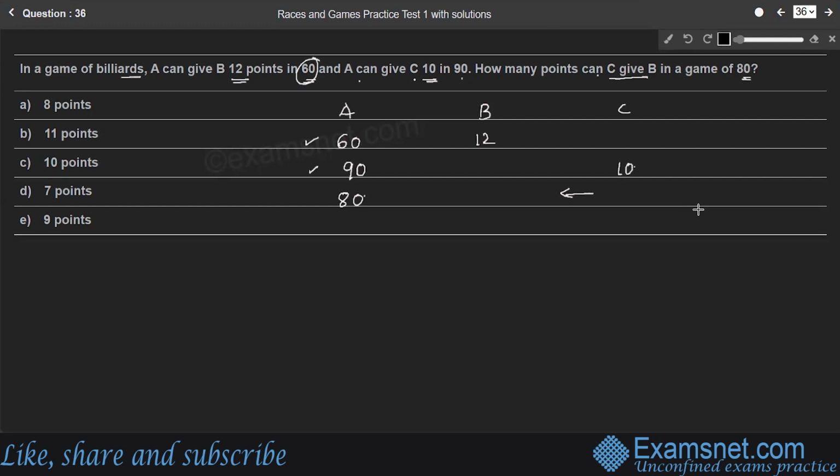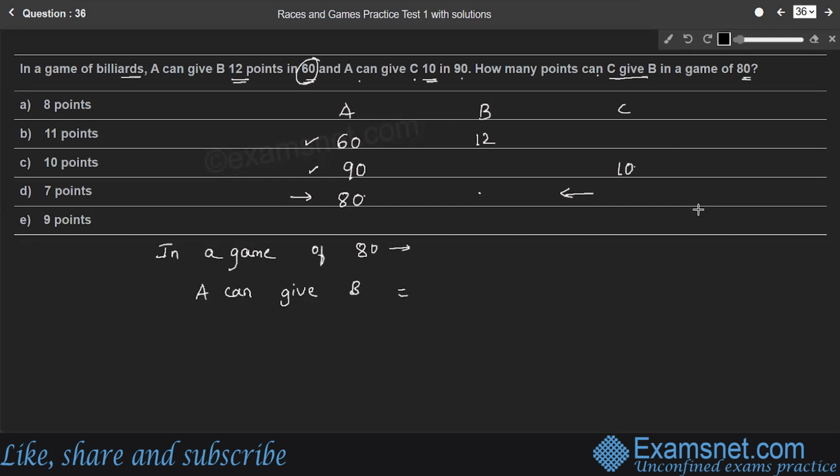Based on this, in a game of 80, how many points can be given to B and C by A? Therefore we'll consider a game of 80. A can give B how many points?